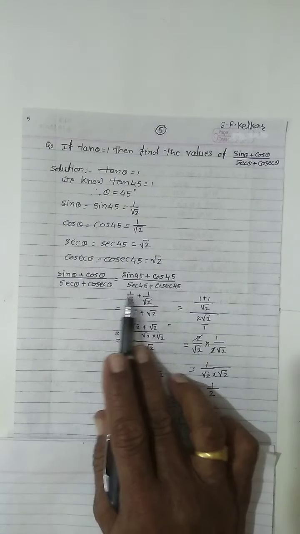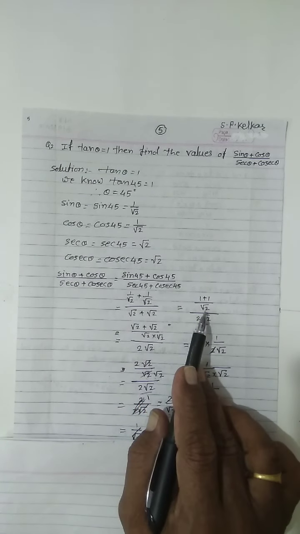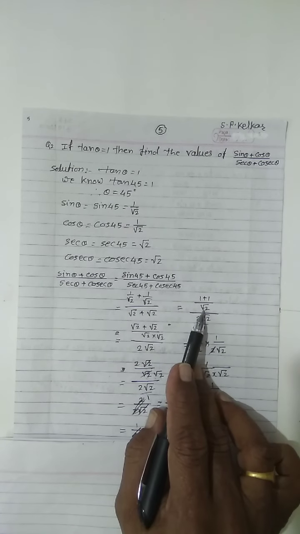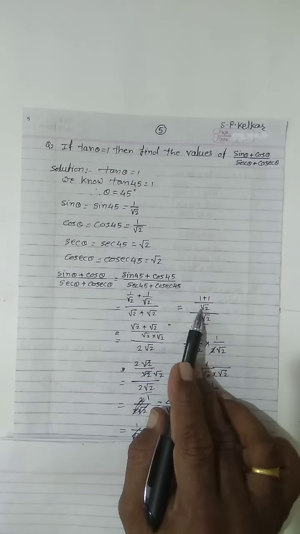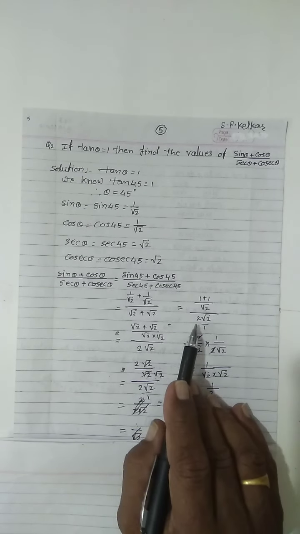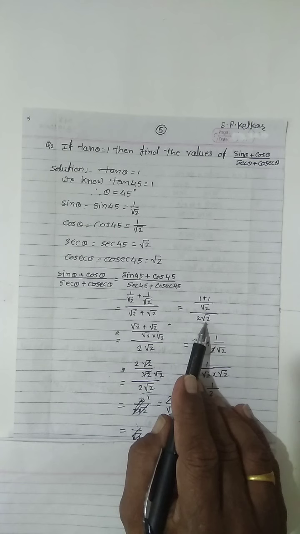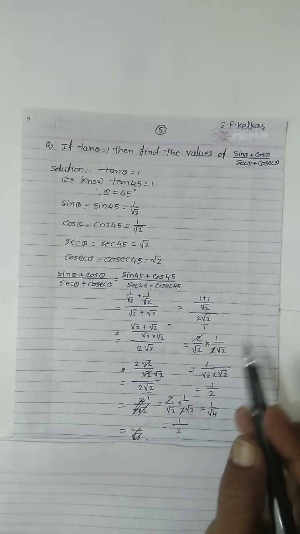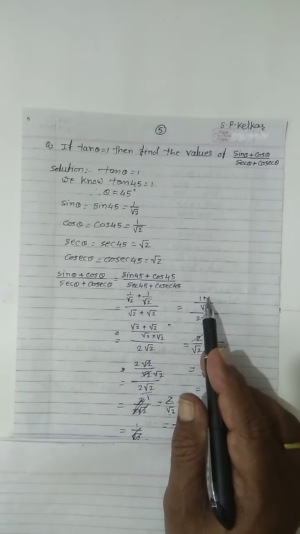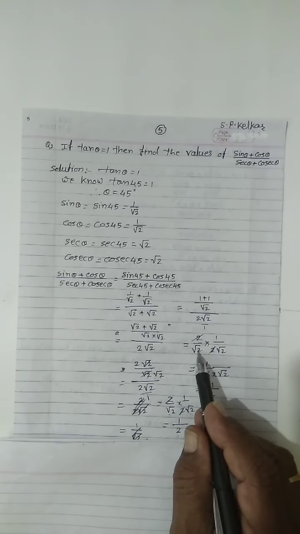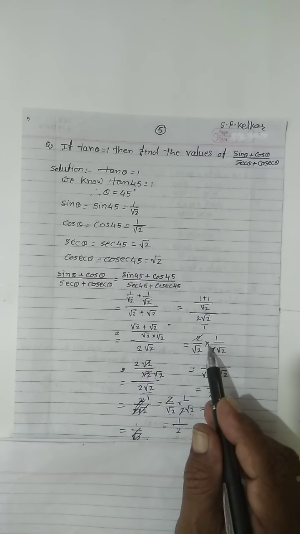Then the sum of the numerator, 1 plus 1, is 2 upon under root 2. Then this root 2 plus root 2 is twice into root 2. So we write here 2 upon under root 2, divided by 2 into root 2.